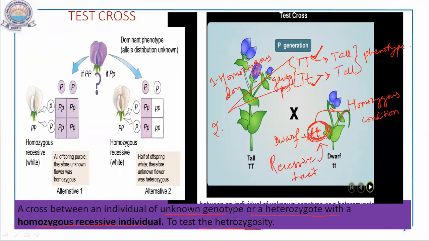Homozygous dominant. Why am I telling you to say homozygous dominant? Because one is homozygous recessive also. And when you mean heterozygous, only dominant heterozygous is possible. There is no case of heterozygous recessive. So you can just say heterozygous. But always in the dominant case, you will say homozygous dominant and homozygous recessive. Am I clear to everyone?